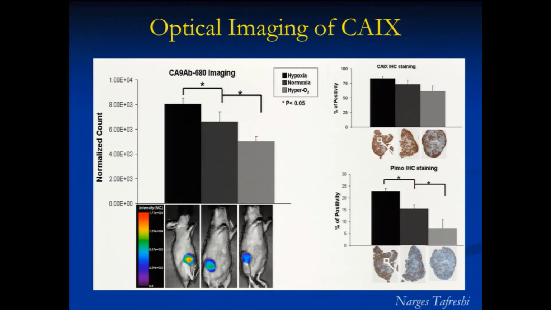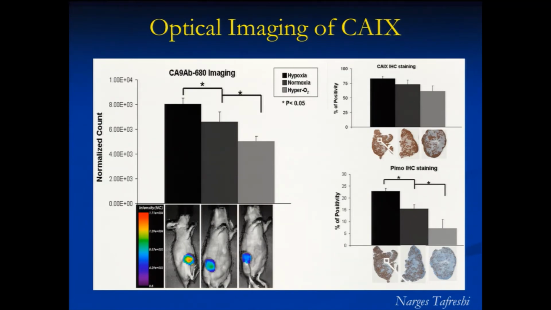She made a monoclonal antibody probe specific for carbonic anhydrase 9, conjugated it to a fluorochrome, and then grew tumors in animals and allowed them to grow in conditions of hypoxia, normoxia, and hyperoxia.